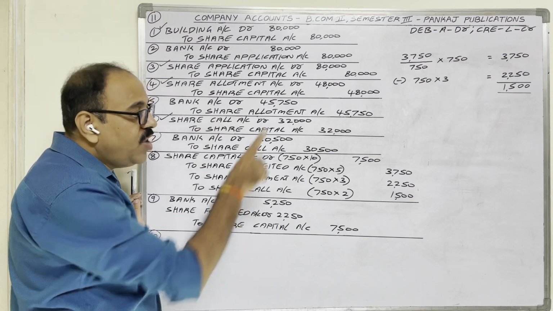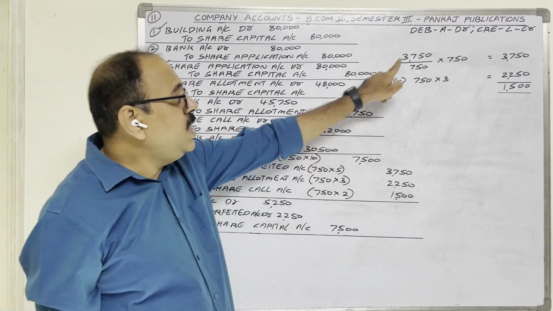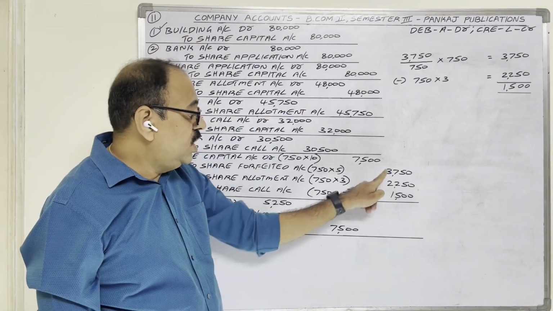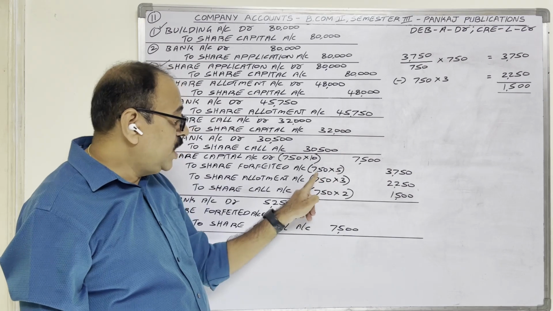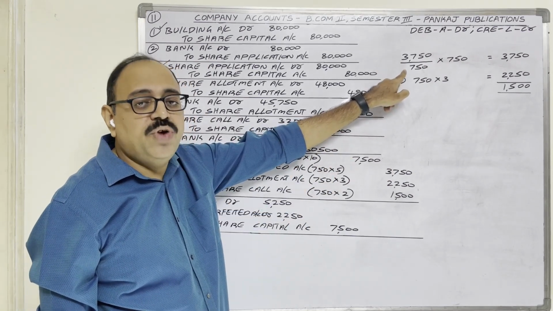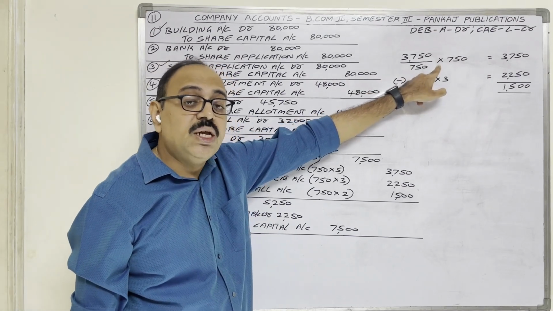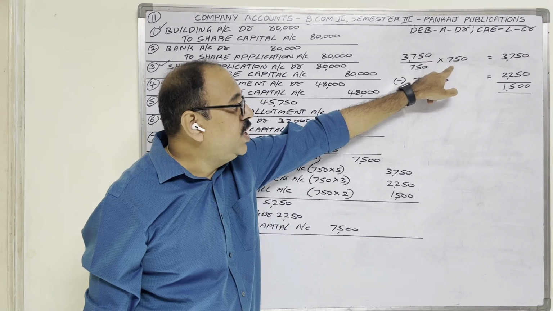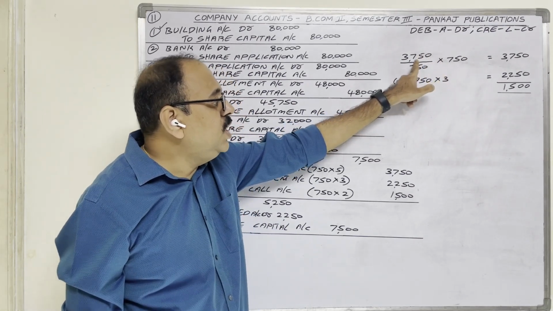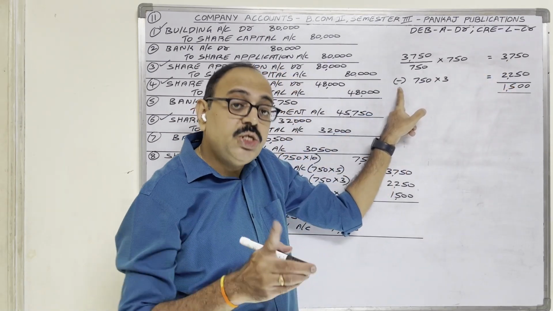By using one formula, we have to calculate that balance amount. See, formula is amount received on forfeiture of shares, 3750 application money came now, divided by number of shares forfeited 750 shares into number of shares reissued 750. So 750 cancel. Now 3750 in outer column minus reissue discount.